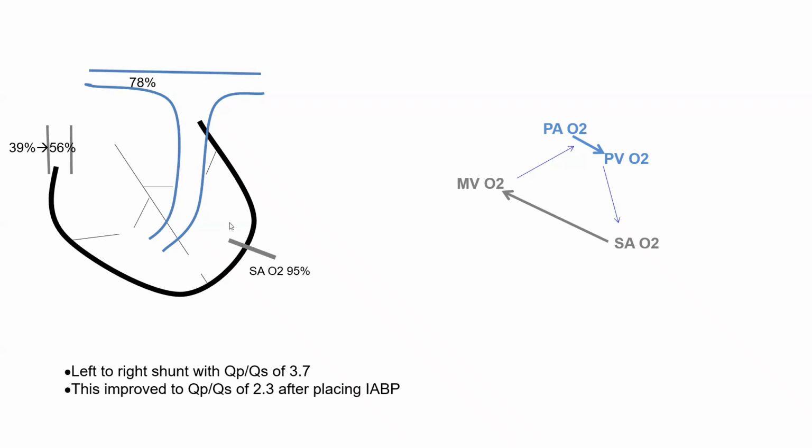The second thing, by improving the left flow, it reduced the left to right shunt. That's why the step up is less. QP/QS has declined. So it did two things: improve systemic flow and reduce right-sided flow. So increase the QS and reduce QP.